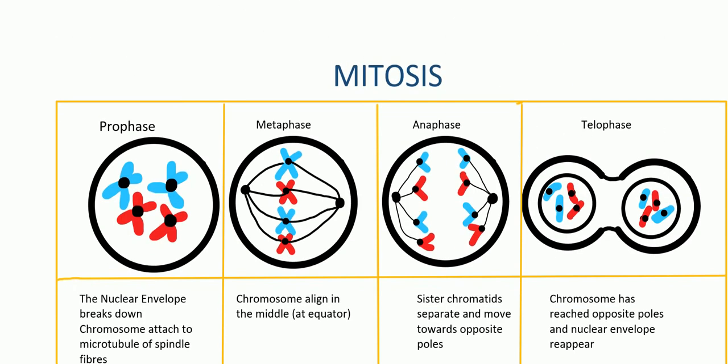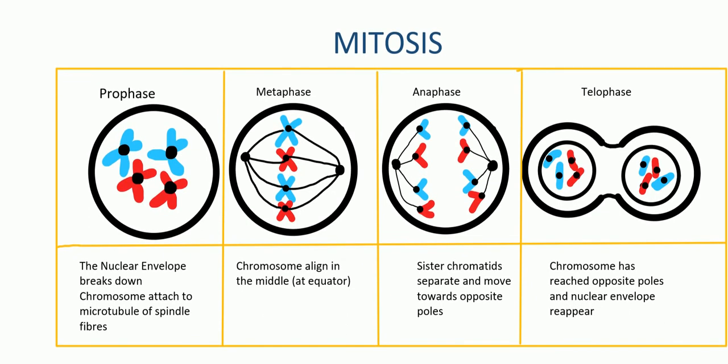Okay, let's just summarize the whole mitosis. This table, you can take a screenshot of this if you want. This table will help you to memorize the key events happening at the stages of mitosis. So the first stage of mitosis is prophase.